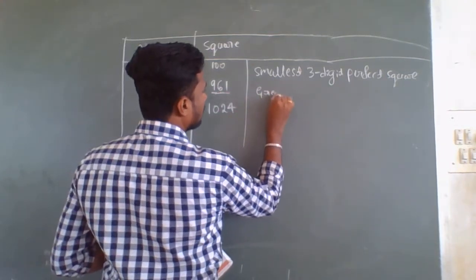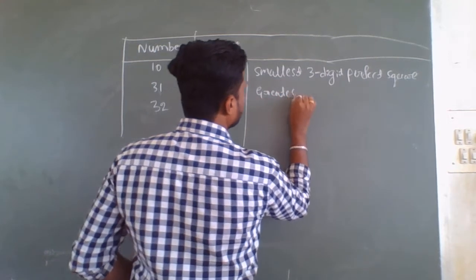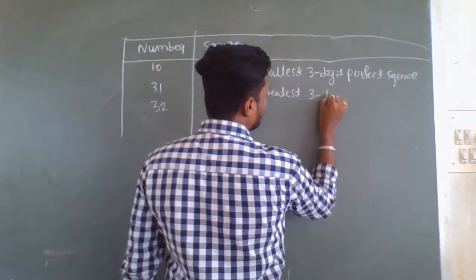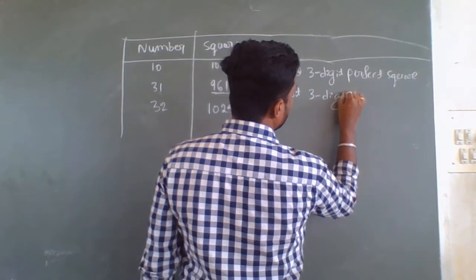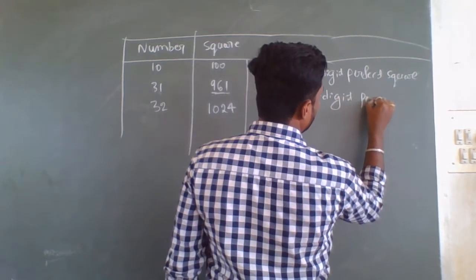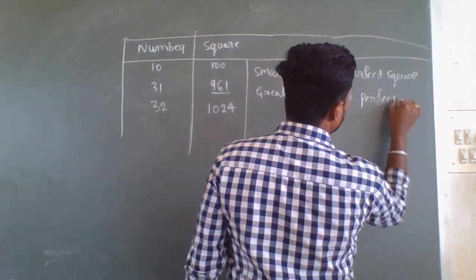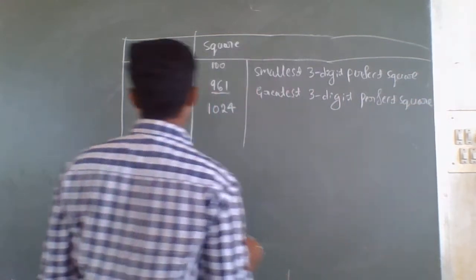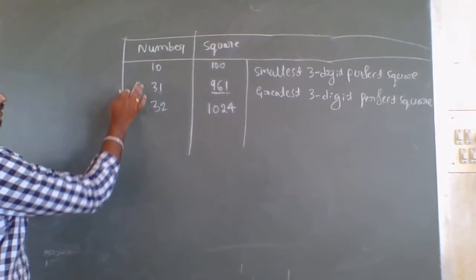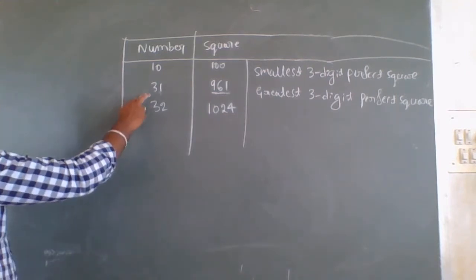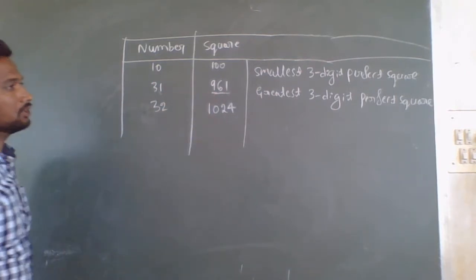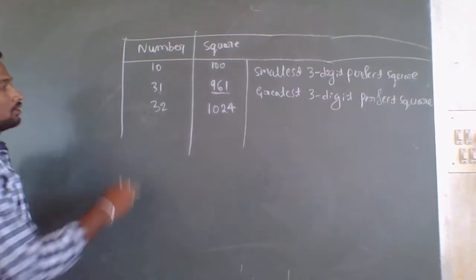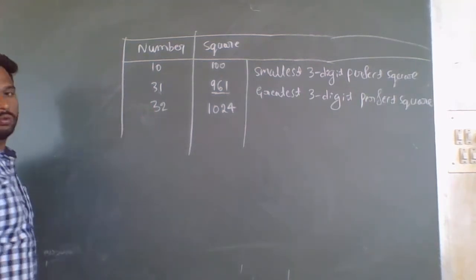So here I will write greatest 3 digit perfect square. For 31, square value is 961, and the next number is 32.